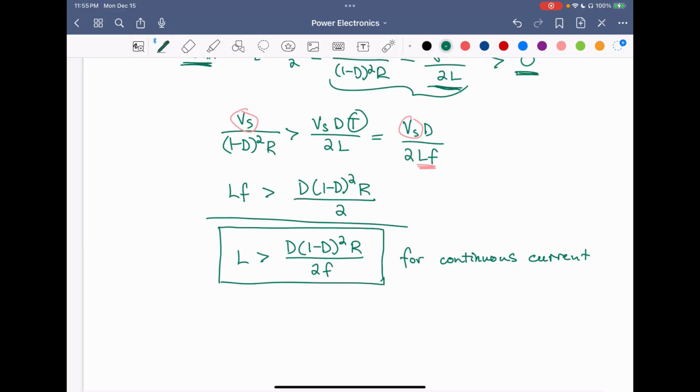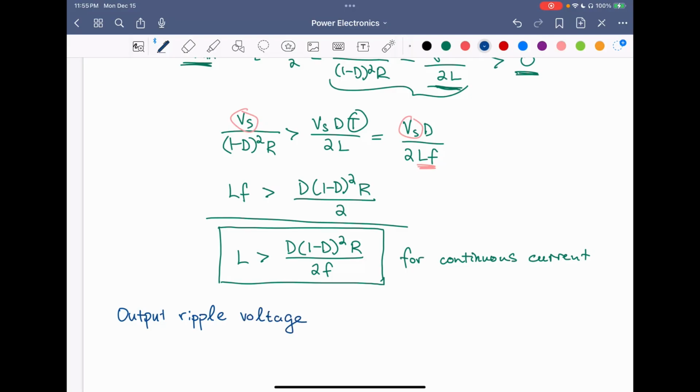Now, for our analysis so far, we have assumed that the output voltage is a completely constant DC value, VO. However, if we want to go a step further and examine the output voltage ripple, we can no longer assume the small ripple approximation.